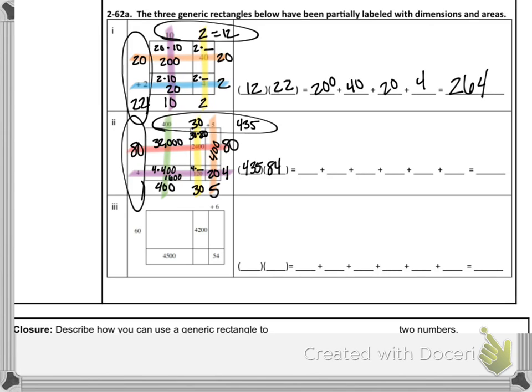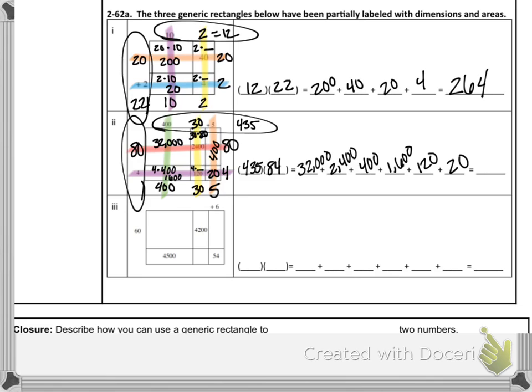I'm going to write down all my products, and this time I'm going to be very careful about my zeros so I don't forget any of them. 32,000 plus 2,400 plus 400 plus 1,600 plus 120, and finally 20.